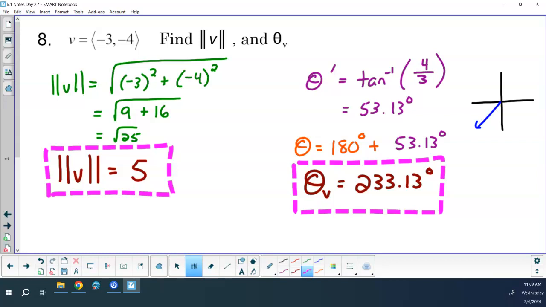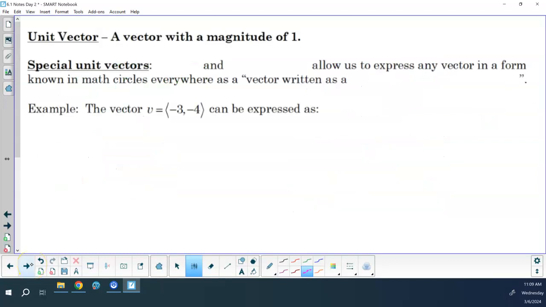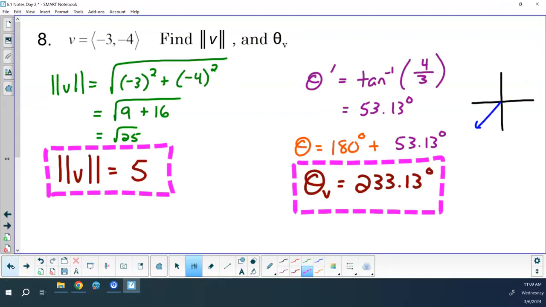All right. Next topic that we have to talk about is unit vectors. A unit vector is a vector that has a magnitude of 1. Let's go back to this vector.